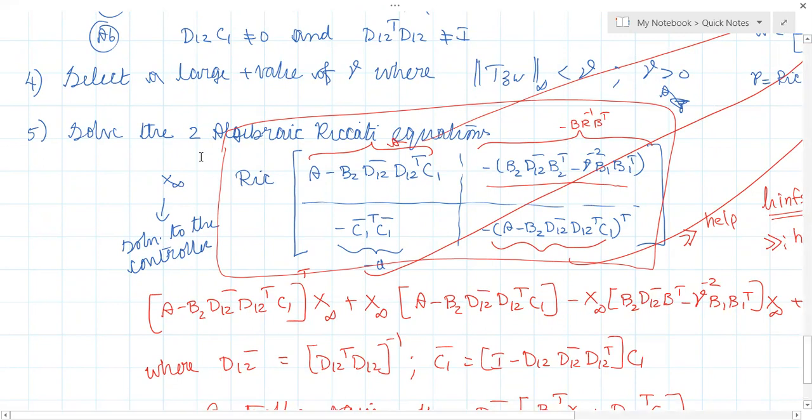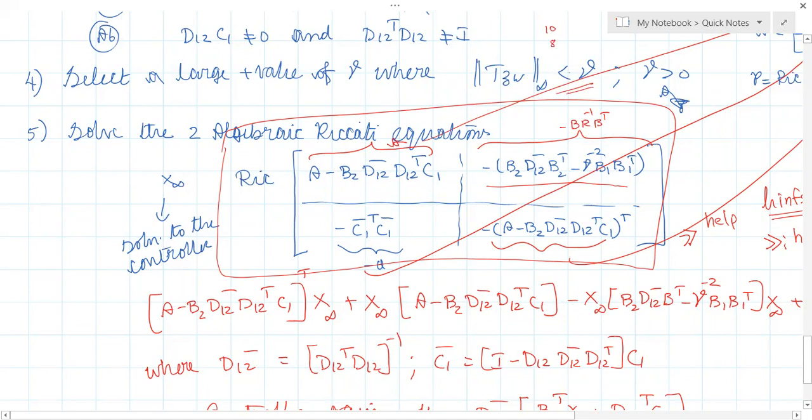As I told you before, the value of gamma. How will we find it? If you remember, in the last class we did a problem. But that will not always give you an optimal value. For practical purposes, you will assume, say, gamma equal to 10. Suppose you are able to find a gamma so that this condition is satisfied. Then you will reduce the gamma value, say to 8, and see whether this condition is satisfied.